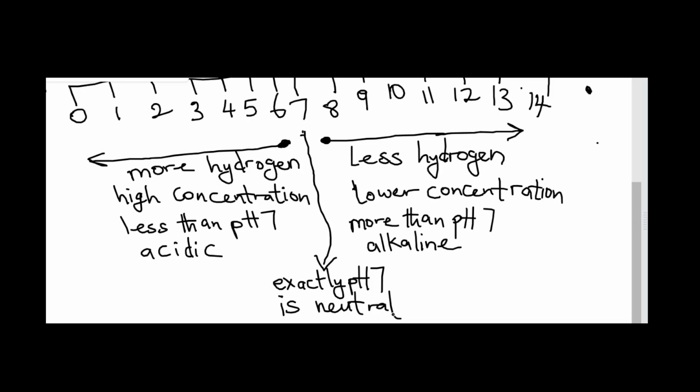All right. So for example, pH 1 has a higher concentration of hydrogen than pH 6. Okay. Now the next thing we're going to look at is the pH going up in factors of 10.